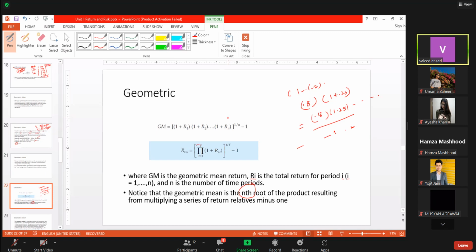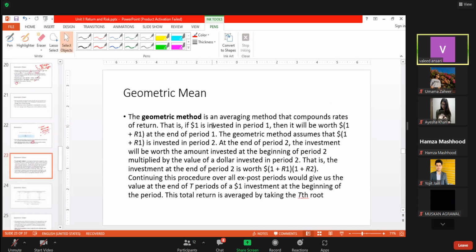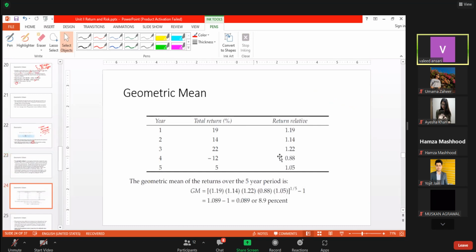Like Bloom has come out with a formula, but the gist of this is, here it is given as an example. The same thing I have explained to you. So the example is 1.91, so it will become 1 plus the return, that is 0.9. So we are converting to decimals, 1.4, 1.2, and because the return is negative, it will become 0.8.